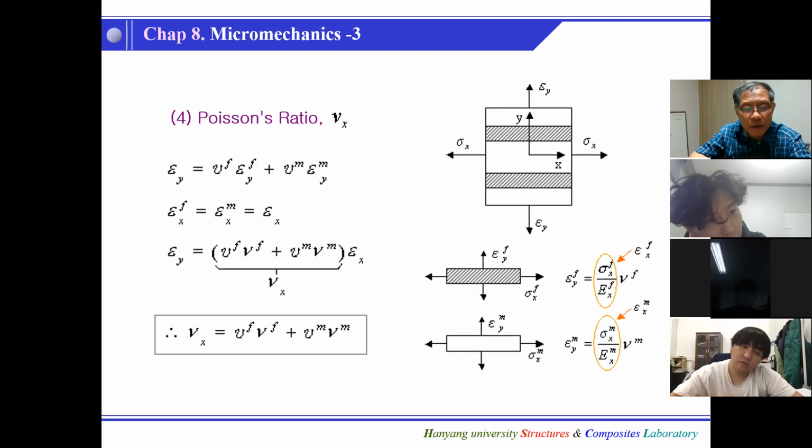So we have to go through this procedure, of course, to consider Poisson's ratio. This effect has been neglected in the one-dimensional case. We need to consider two-dimensional material properties.